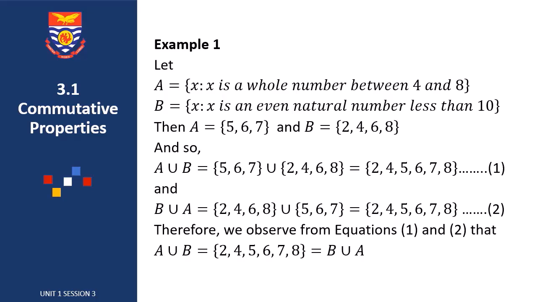Then we are going to observe the two answers, the answer in equation 1 and the answer in equation 2. And when you observe these two answers, you realize that they are the same.